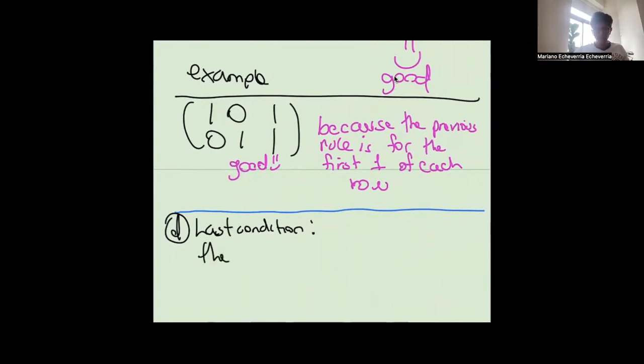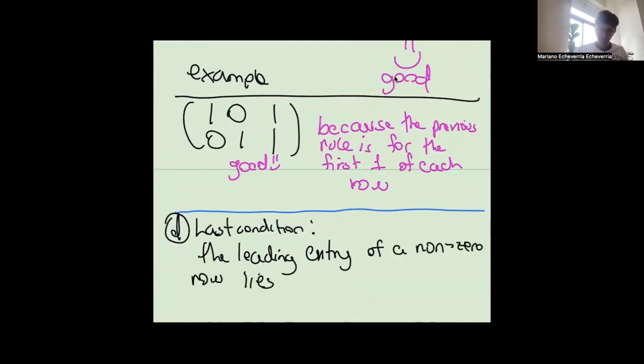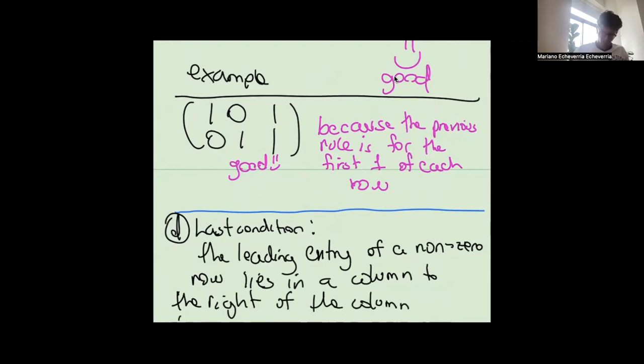So this is the last condition, call it D. The leading entry of a non-zero row lies in a column to the right of the column containing the leading entry of the preceding row.